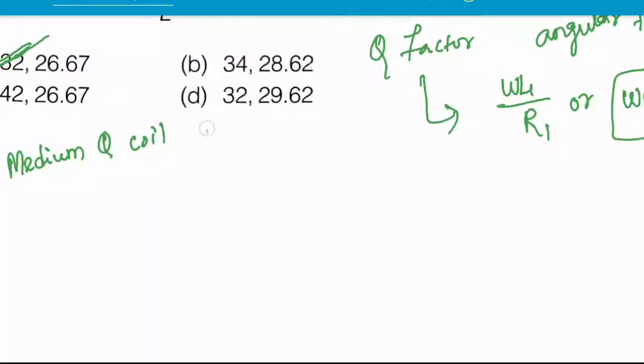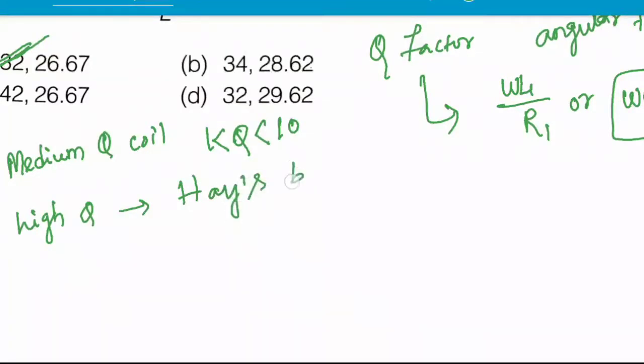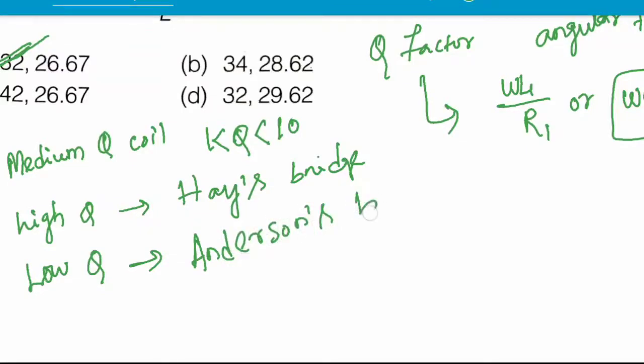That means Q factor is between 1 to 10, and for high Q factor value, high Q inductance, generally Schering bridge is preferred, and for low Q, there is Anderson's bridge, and Anderson bridge is the most accurate one.